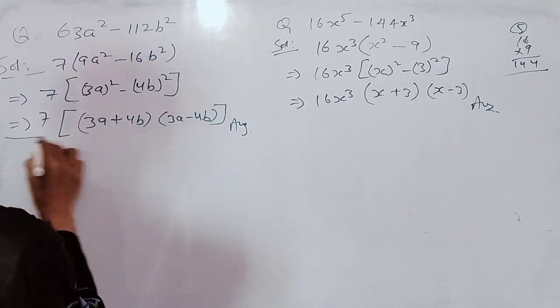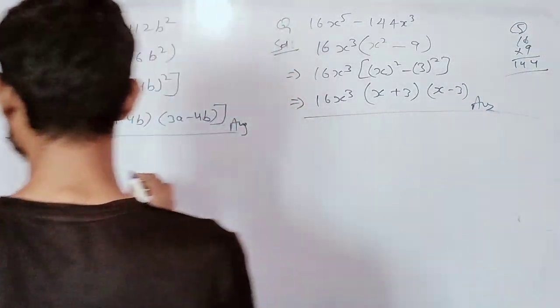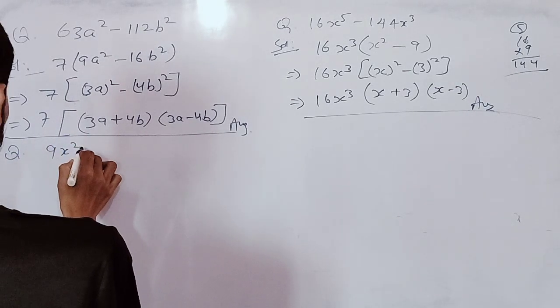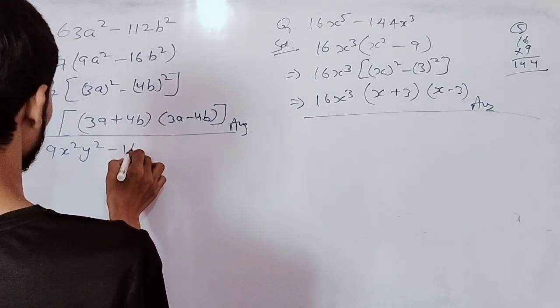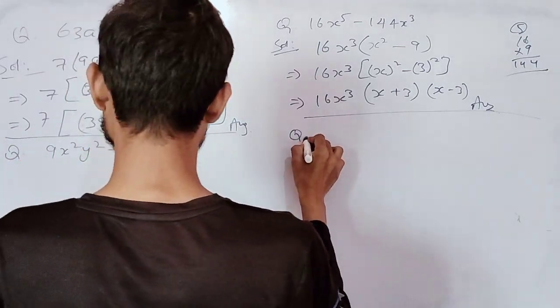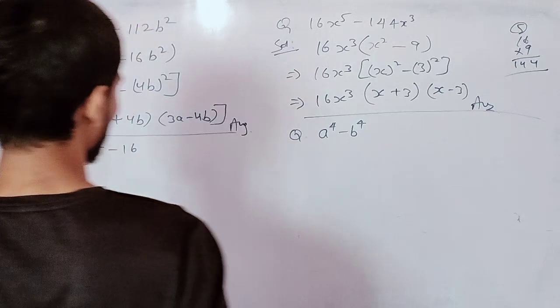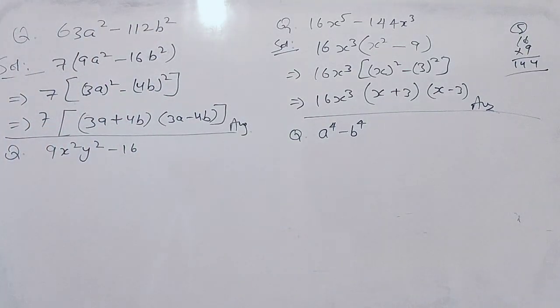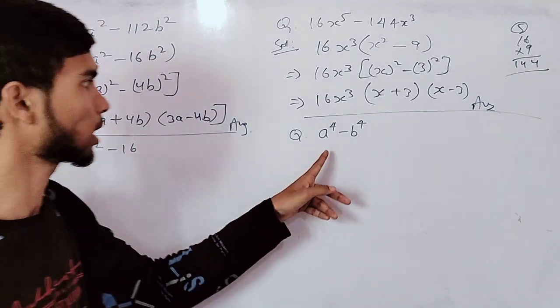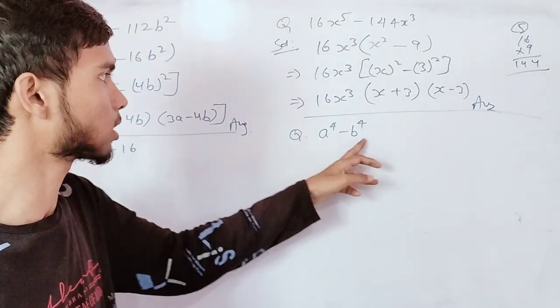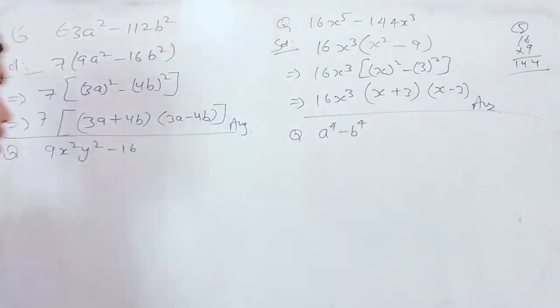Now next over here, this is the question. In this question we can take 9x square as a perfect square of a square, and 16 is a perfect square of b square.